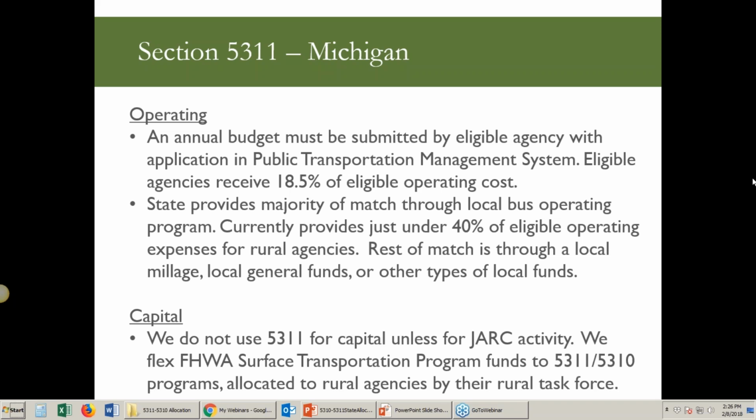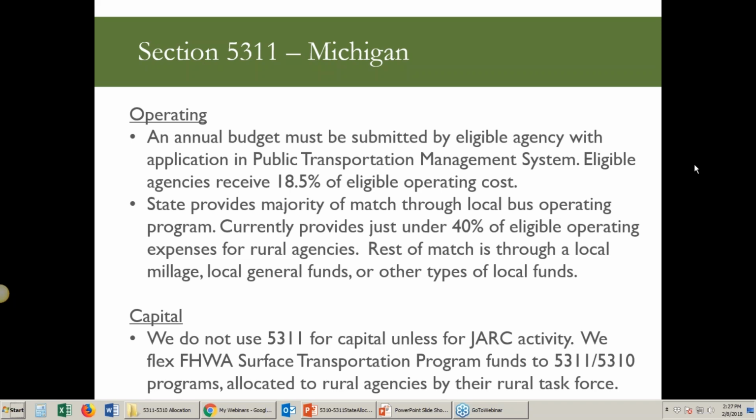So they get 40 out of state, 18.5 out of federal, and then the rest is made up of local funds. Either there are a lot of local millages or general fund from the city or the county, and then other types of funding like advertising and maintenance services.